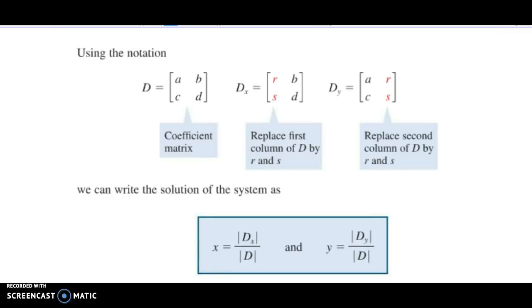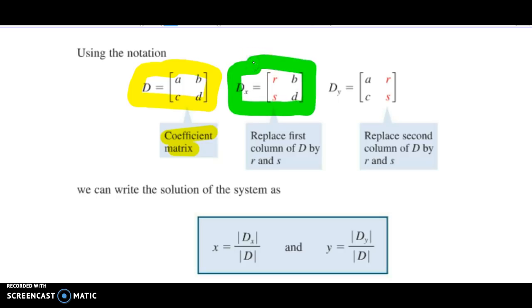Use this notation: D equals, for the determinant, so this represents the determinant of the coefficient matrix. It's A, B, C, D. In order to find D sub x, so D of x with respect to x, we substitute R and S in and keep B and D. So you only replace the first column.